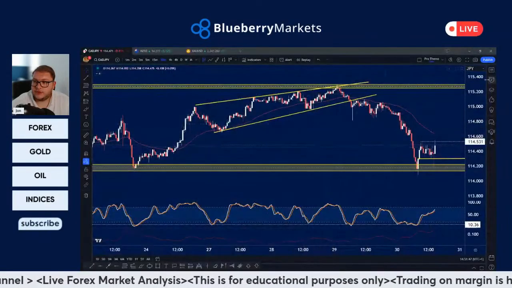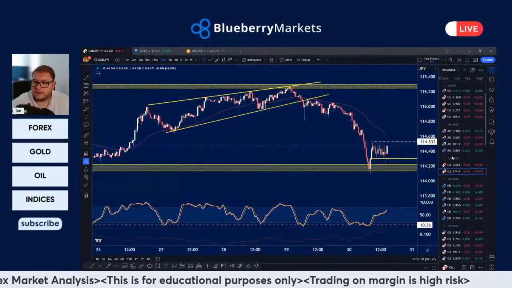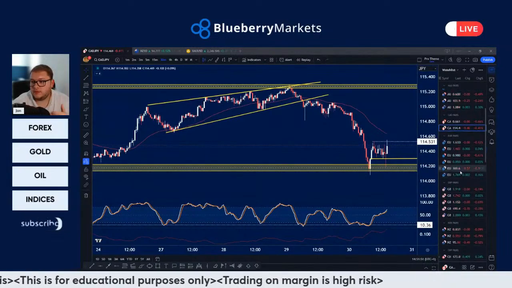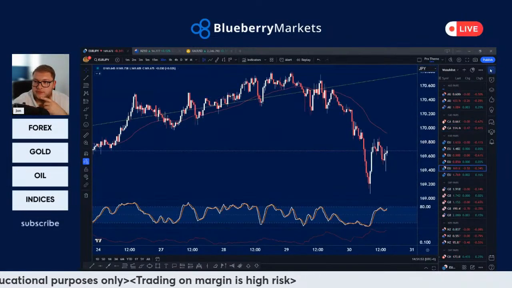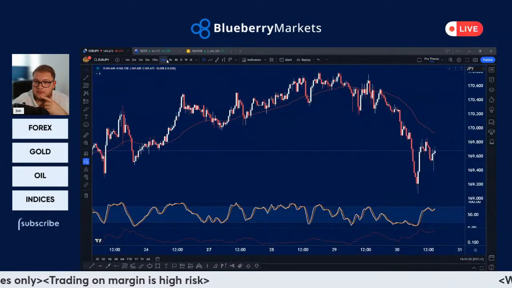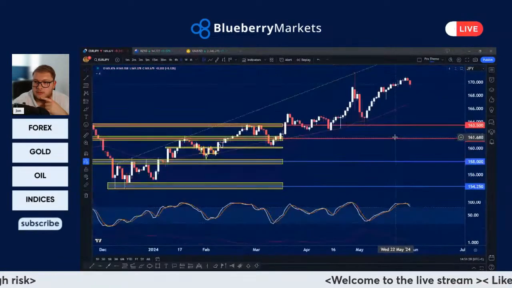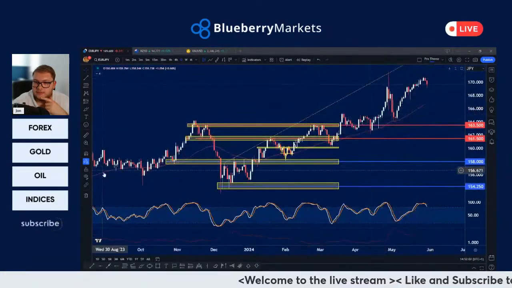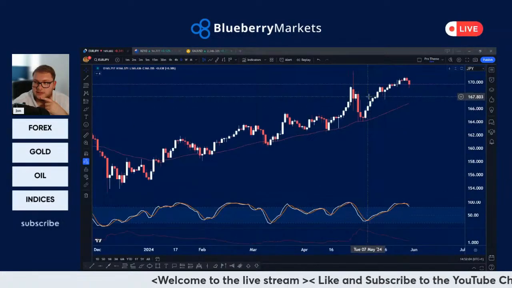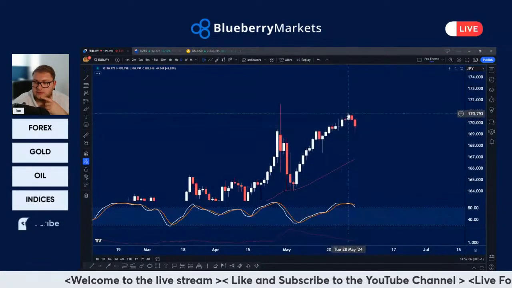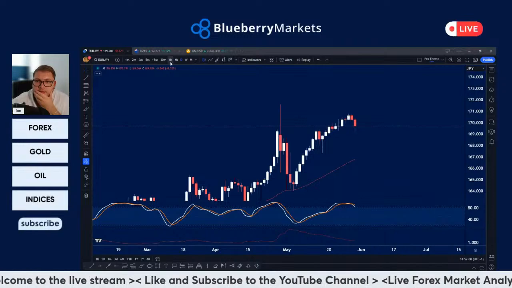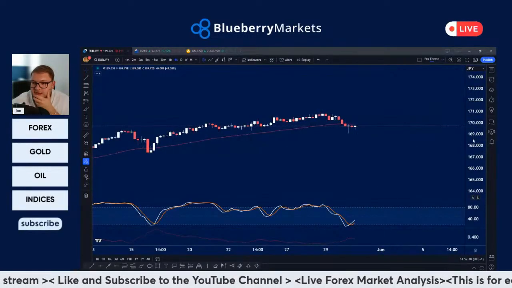Has anybody traded euro yen lately? Let's have a little look. Euro yen is fairly down at the moment. I mean, that was a long time ago we looked at the technical analysis there. Right, I have to go to a 4-hour time frame to pick out any decent level here.